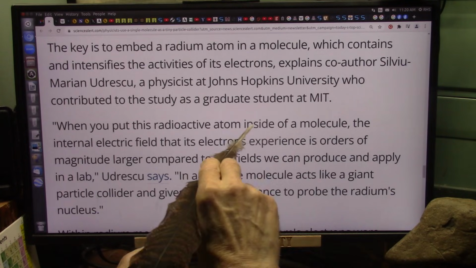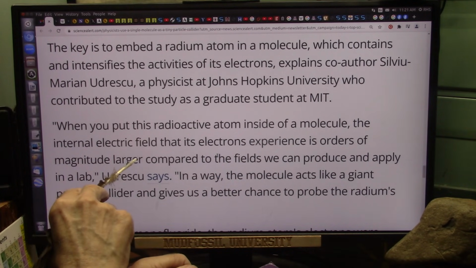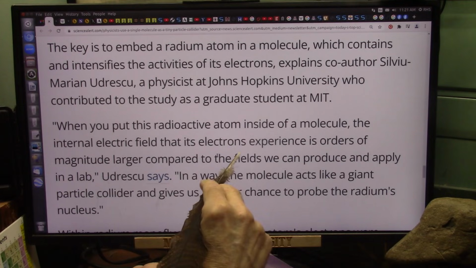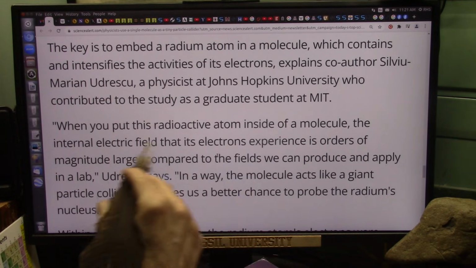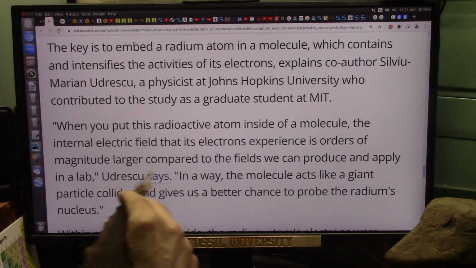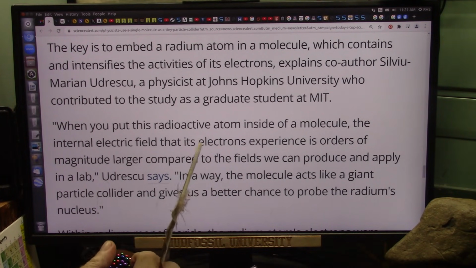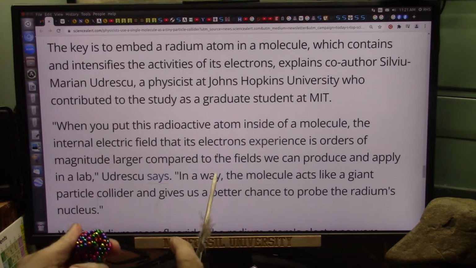When you put it inside of another molecule, the internal electric field its electrons experience is orders of magnitude larger compared to the fields we can produce and apply in the lab. Why, I don't know, but it's going to decay, and when it does, something's going to happen inside there.